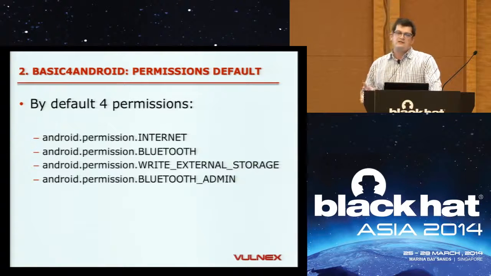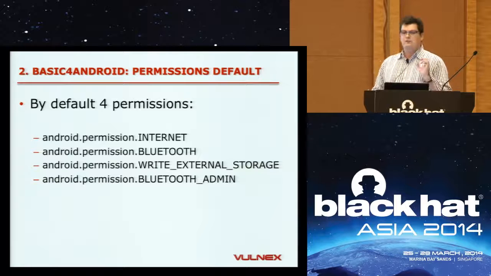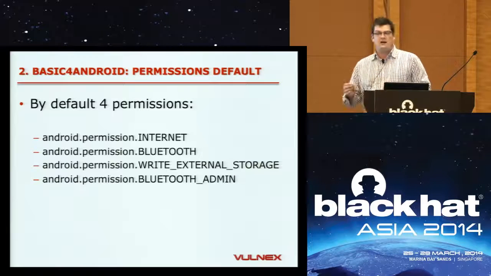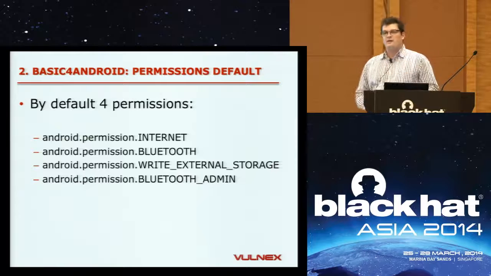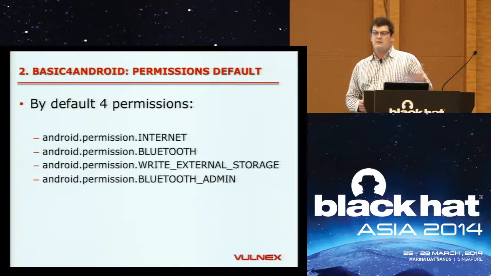In some cases there was sensitive information, and in other cases it was general information. But so far, all the applications for Basic for Android write information to the SD card. So if you are doing a review of a Basic for Android application, you have to keep in mind that you have to take a look at the SD card to see what kind of information has been saved there.